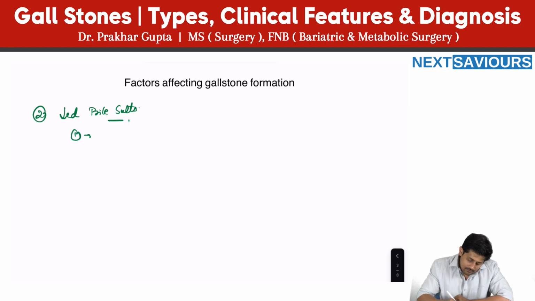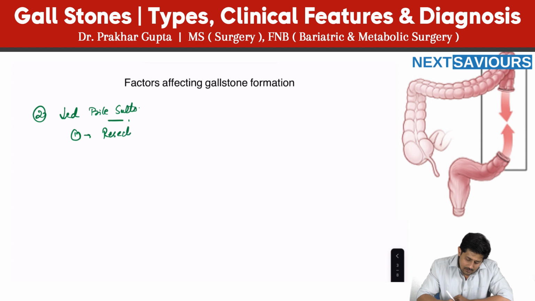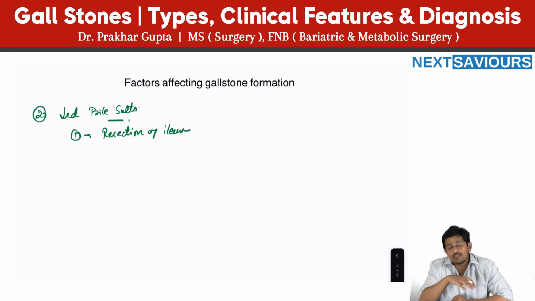So what conditions can lead to poor enterohepatic circulation or decreased bile salt concentration in bile? So first is resection of ileum. If suppose surgery is done on the patient and the patient has undergone resection of ileum for any reason, these patients are at an increased risk for formation of gallstones.